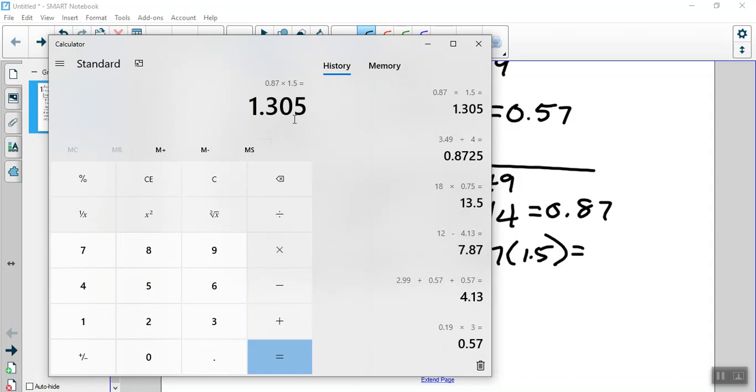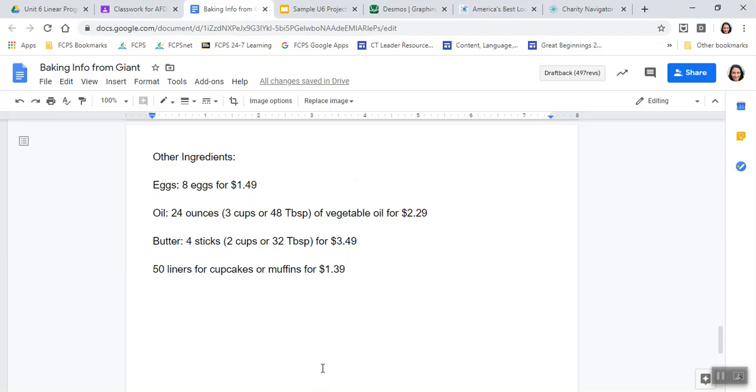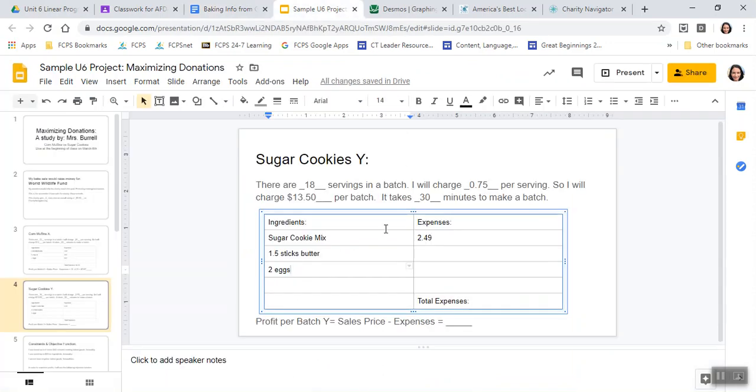So that's going to round up to $1.31. Okay, so going back to my project, the 1.5 sticks of butter is going to be $1.31.